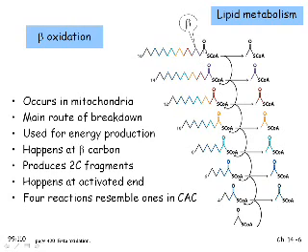If this is the carbonyl carbon, the first one is the alpha carbon, the second one is the beta carbon. So what we're going to see is multiple rounds of oxidizing that beta carbon. And each round of beta oxidation produces a molecule of acetyl-CoA. So here's a 2-carbon fragment, here's another 2-carbon fragment, here's another 2-carbon fragment, and so on.